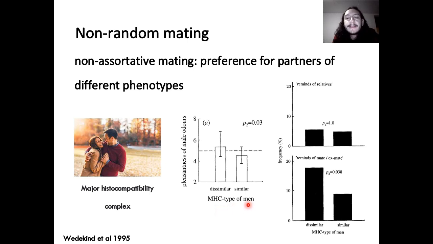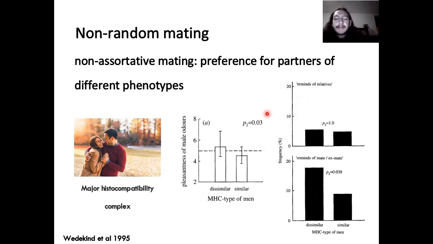So what they found is that the women were choosing the more pleasant smell to come from men that had dissimilar MHC type genes rather than similar to them. This means that they were actually selecting for men that had genes that were different to hers.